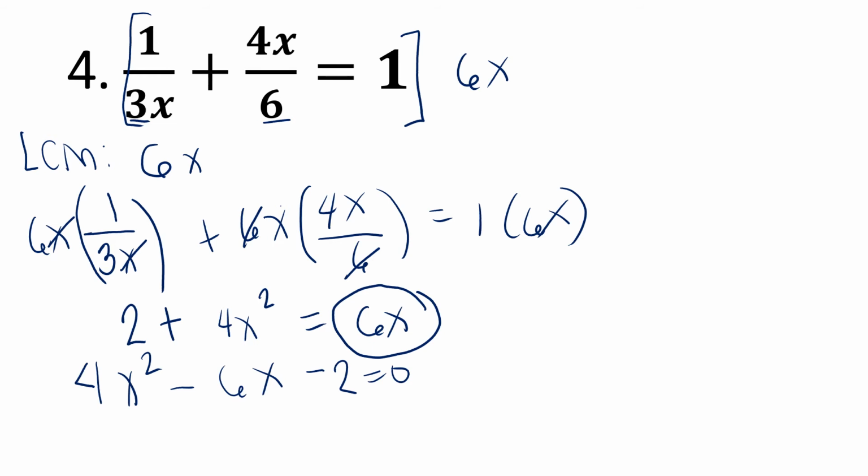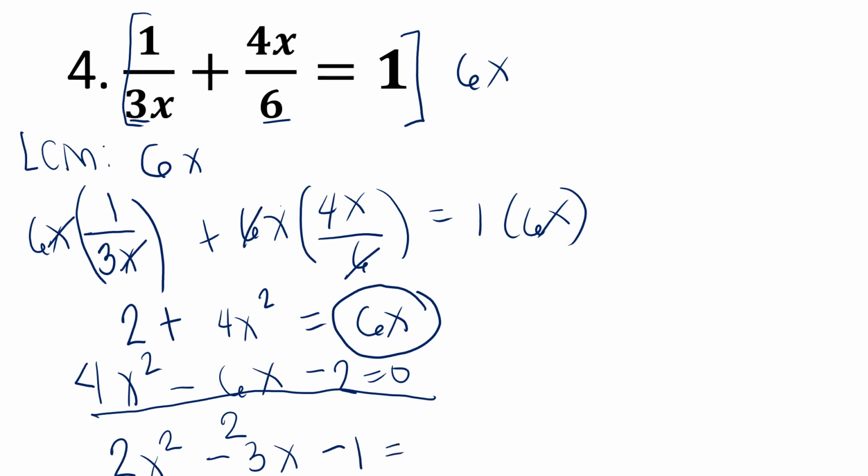To solve this one, 4, 6, and 2, we divide by 2. So our standard form is 2x squared minus 3x minus 1 equals 0. So let's use our quadratic formula to solve this.